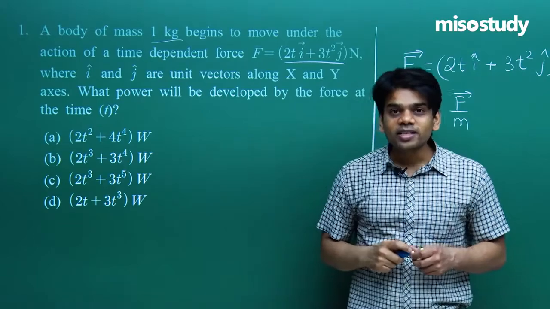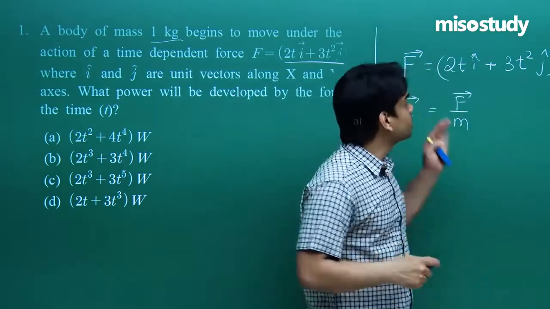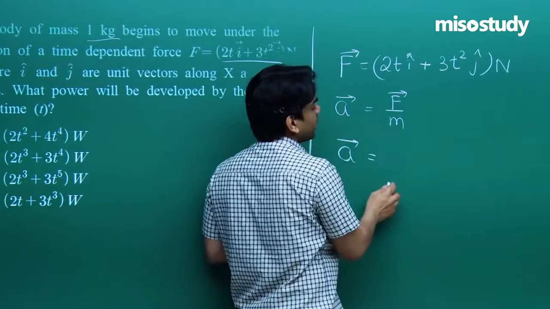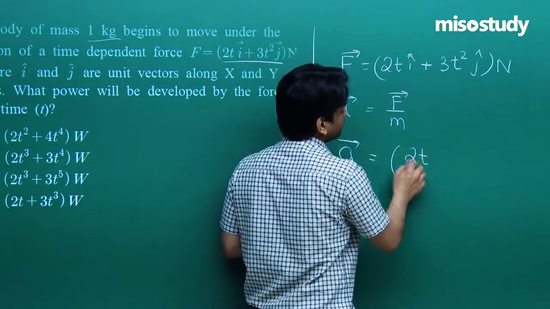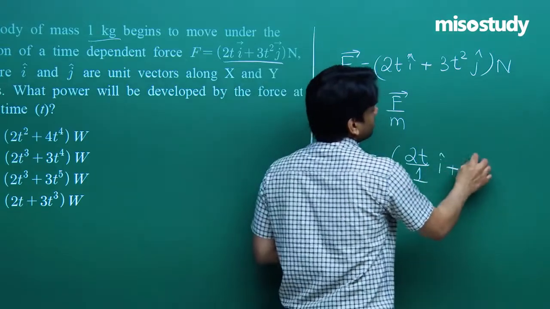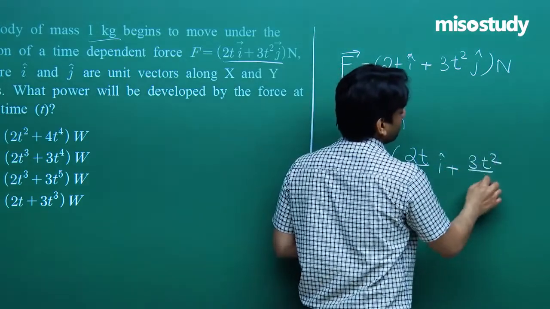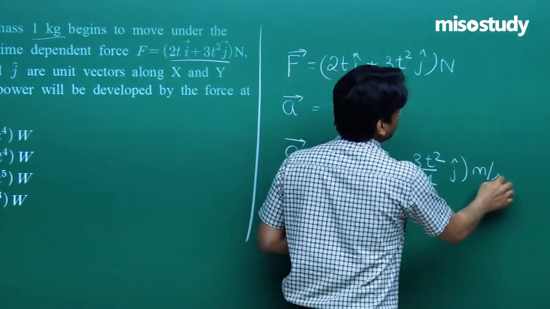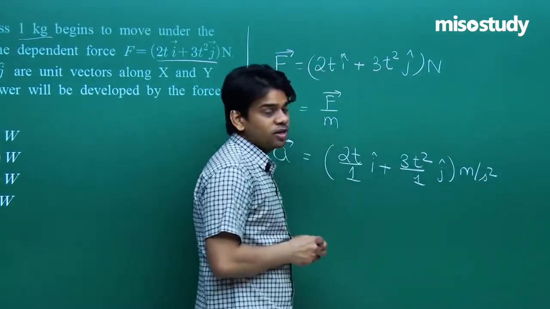Mass is given as 1 kg, simply we need to divide the force equation by mass. So if I divide every term by 1, we'll be getting 2t by 1 i cap plus 3t square by 1 j cap, and the unit used will be meter per square second.